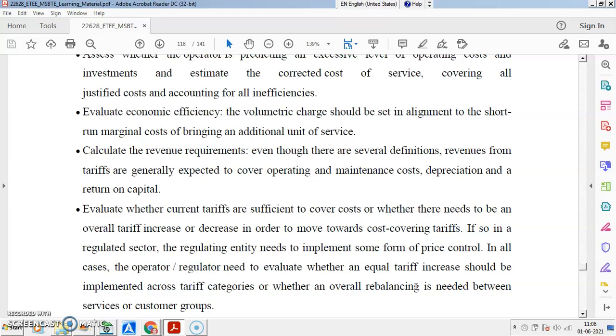In all these cases, the operator or regulator needs to evaluate an equal tariff, whether the increment should be implemented across the tariff categories. Whether overall rebalancing is needed, yes or no, it is decided, and then reformation is suggested.